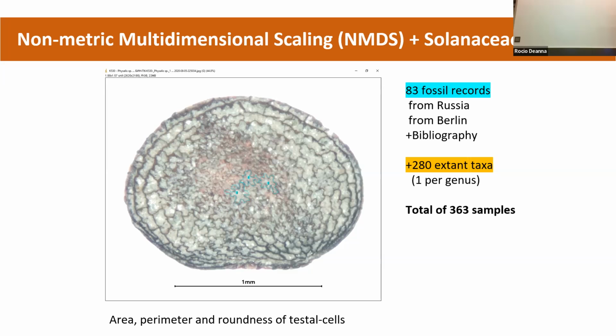That is, for example, how are these cells in the middle, the testal cells, the area, perimeter, and roundness. So I did this analysis with 83 fossil records and also 280 extant taxa. For fossil records, I included all the fossils that were assigned to that species, even holotype, paratypes, other specimens, everything.